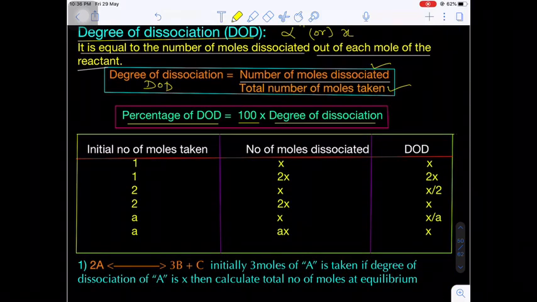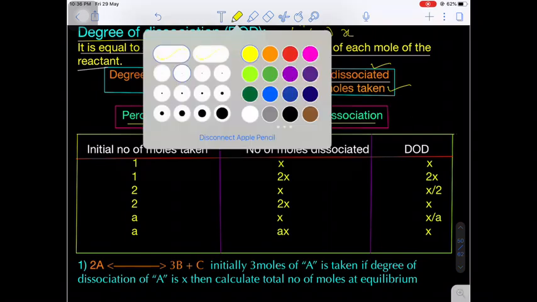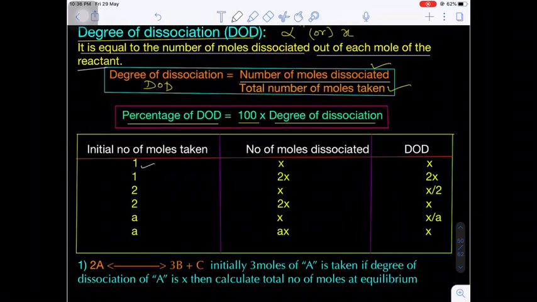Let's suppose there is a tabular form I have given here. The first column has the number of moles initially taken, the second column the number of moles dissociated, and the third column is the DOD. Let's suppose initially I take 1 mole, out of which X moles dissociated.